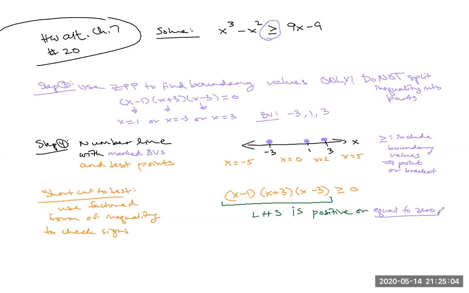So the equal to 0 part, that covers the boundary values, putting the points there. And then the positive stuff, that's when we have to test and see when I plug in my x values, does it make the inequality true?